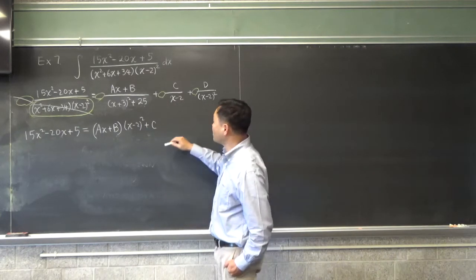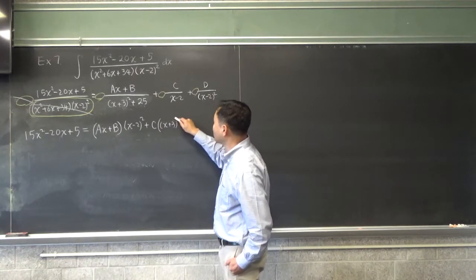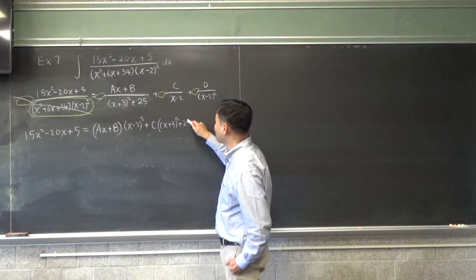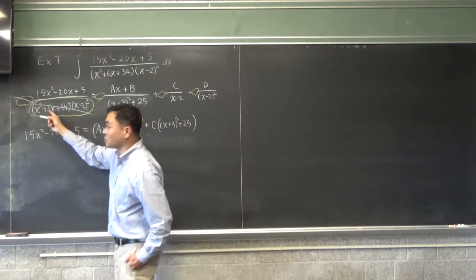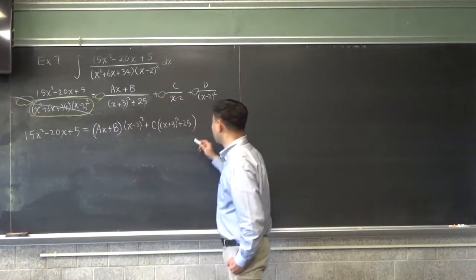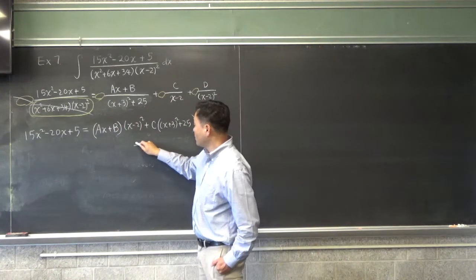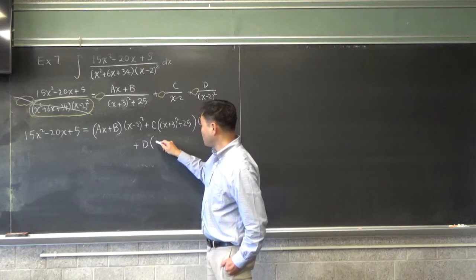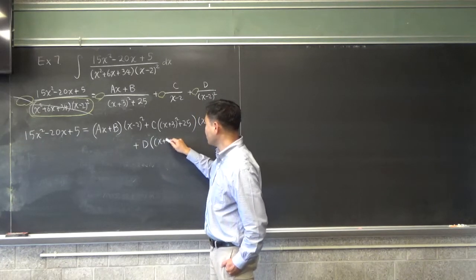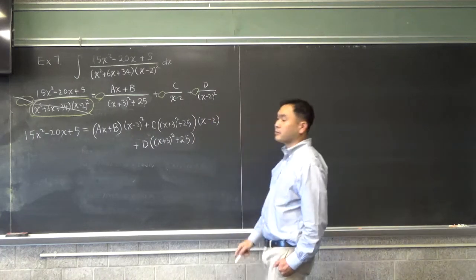C times this will be x plus 3 squared plus 25, which will survive. One of the x minus 2 will cancel away, so we get x minus 2 here. And then D times this. This is what I get.